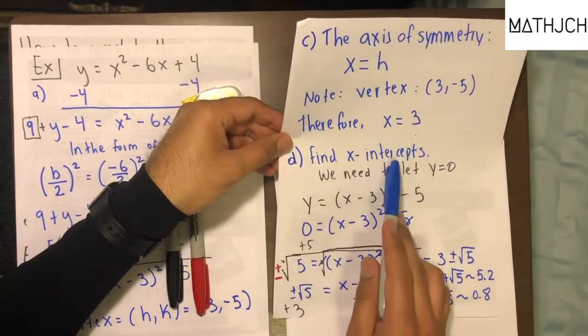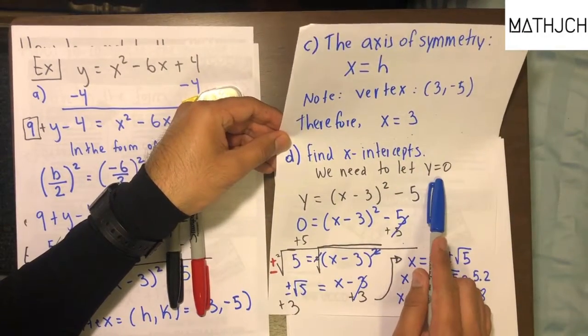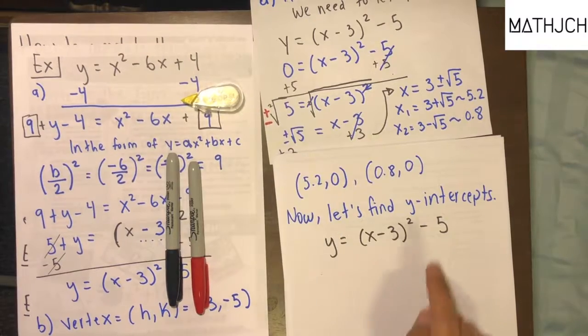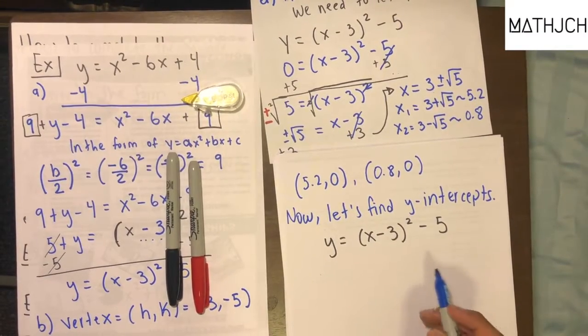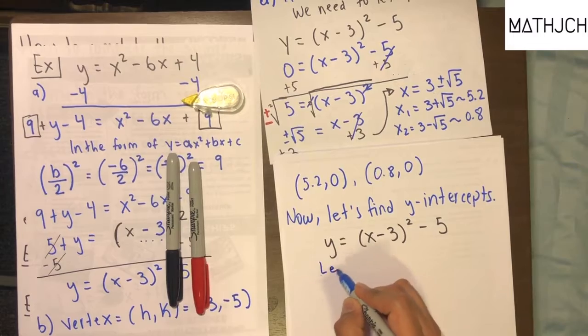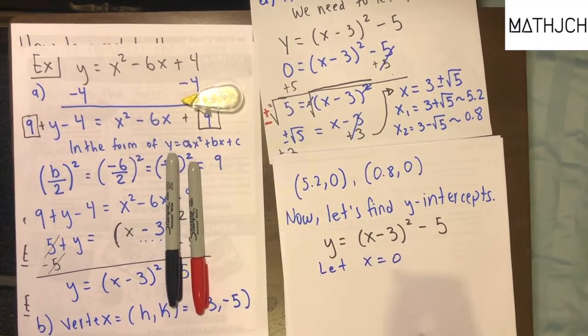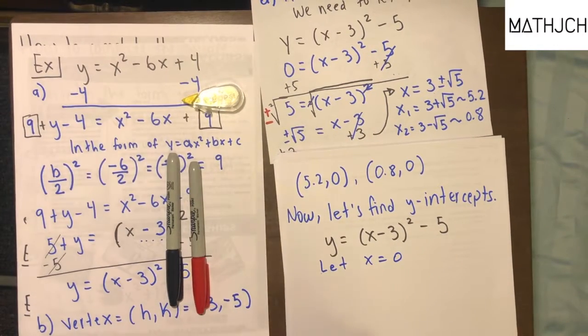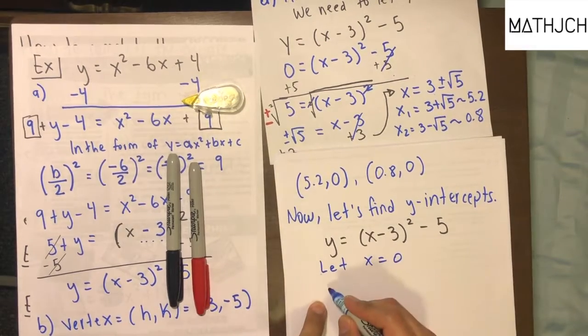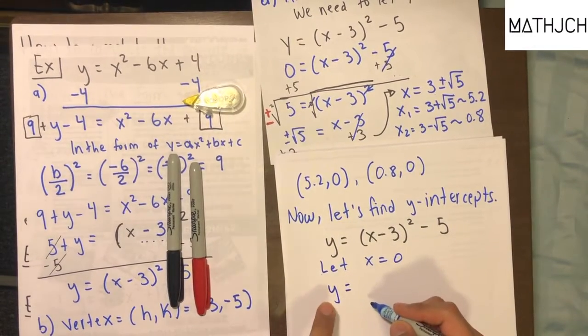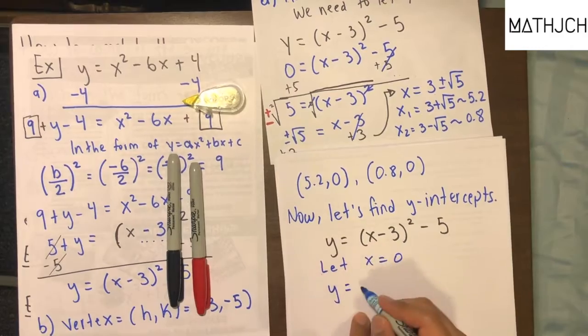Remember, to find the x-intercept, we need to let y equal 0. Now, to find the y-intercept, we need to let x equal 0. So let's do that. Let's rewrite y, because that's what we're trying to find, and plug in 0 for x.